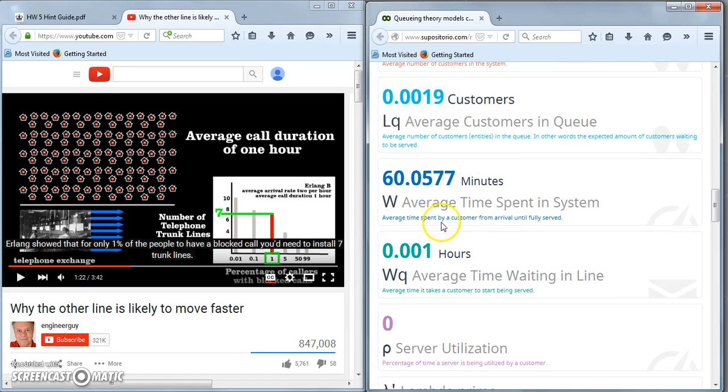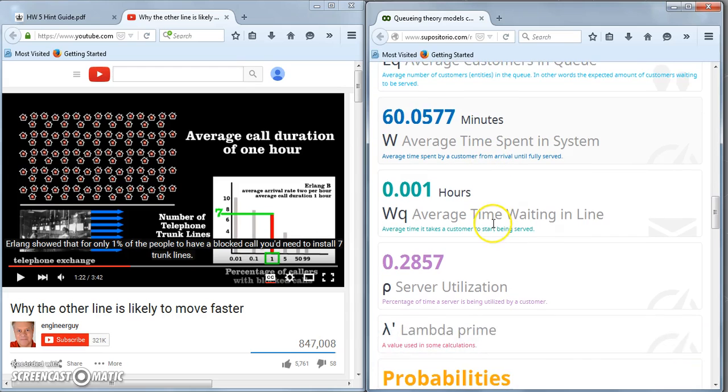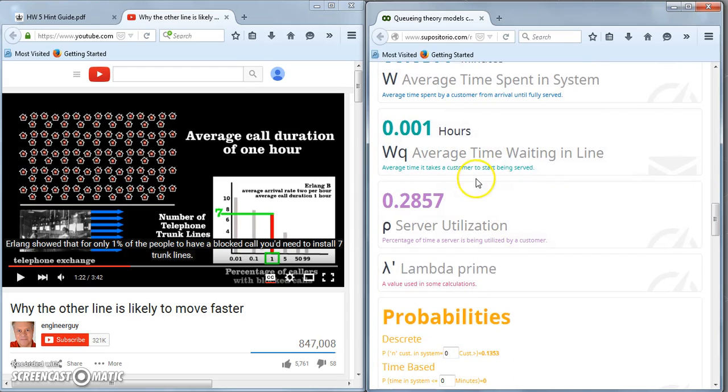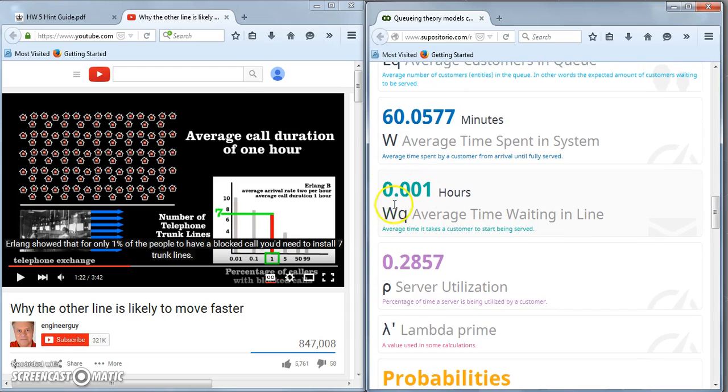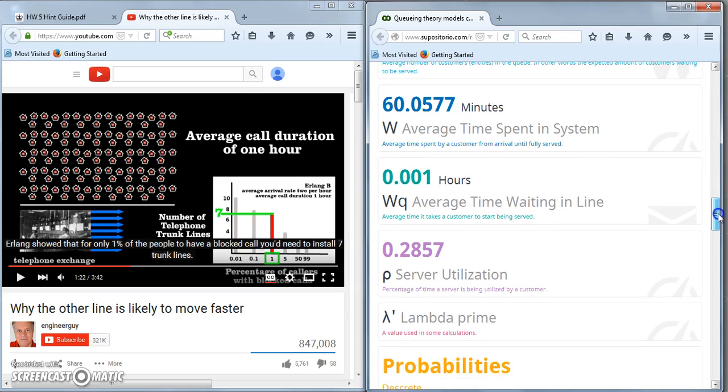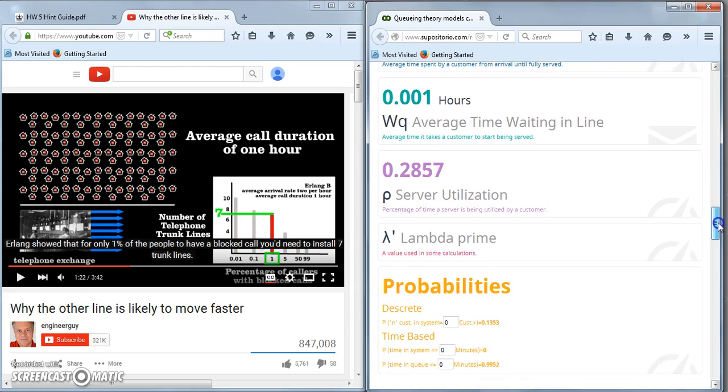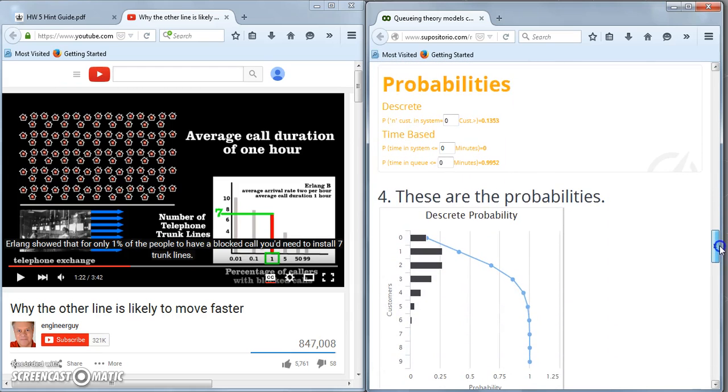And then they spend an average of 60 minutes on the phone. And they don't spend that much time waiting in line, waiting to be able to make a call. If we look down here, this is the time that they're spending in the queue, the amount of time that they spend waiting.